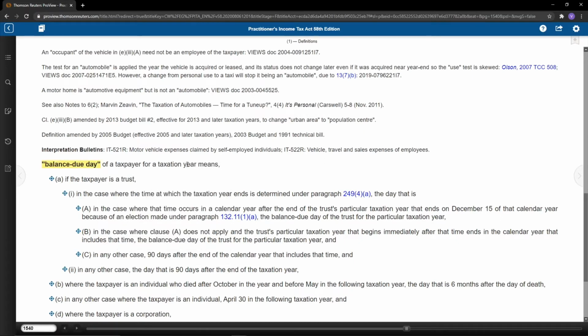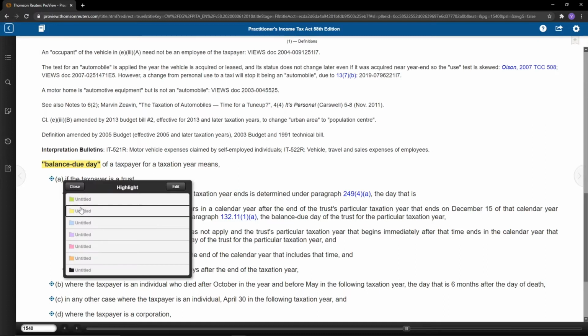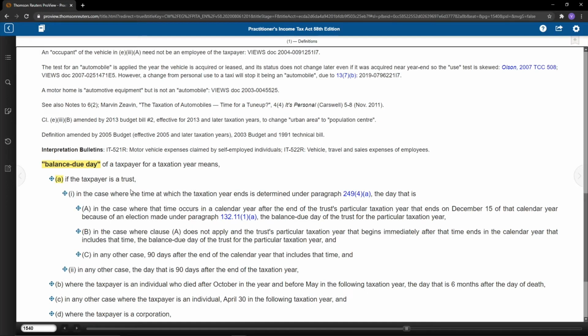And the balance due day of a taxpayer means, then we have paragraph A, and you could read subparagraph 1 and clauses A, B, and C. I'll spare you the pain today, and I'll let you know that the answer resides in paragraph A, subparagraph 2, where it says in any other case, the day that is 90 days after the end of the year.